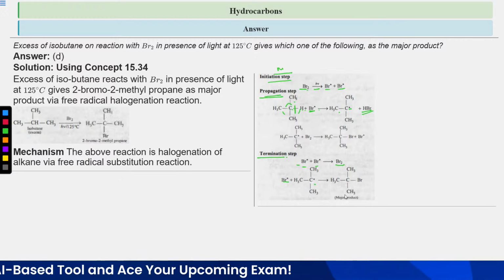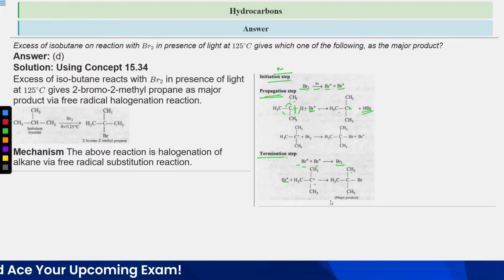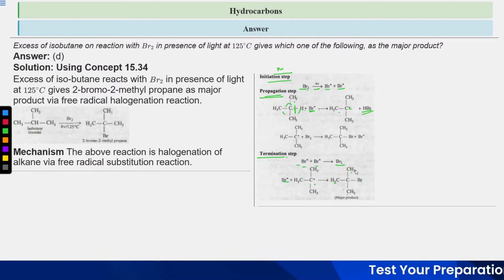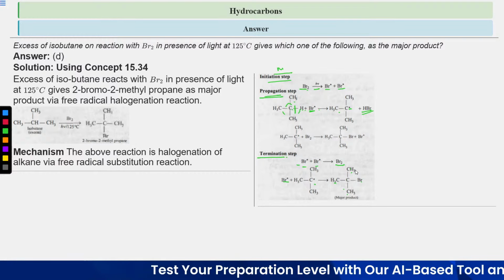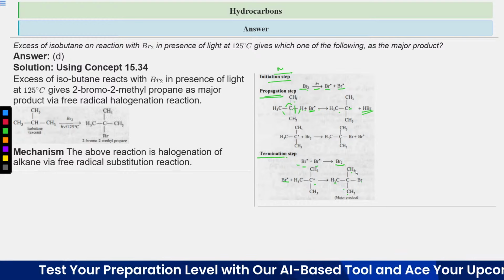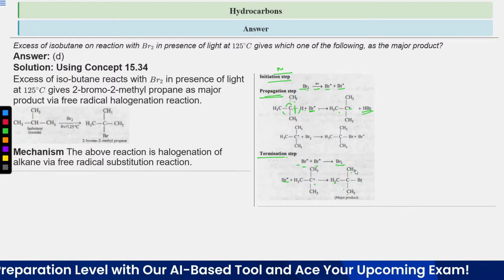So finally in the termination step we got this major product, 2-bromo 2-methyl propane. So this is the whole mechanism of the reaction given in our question, and hence the correct answer is option D.